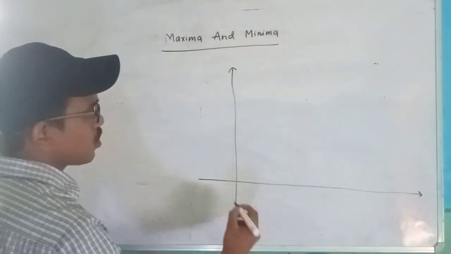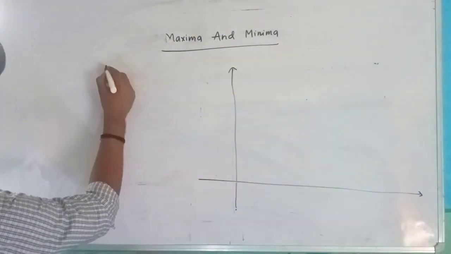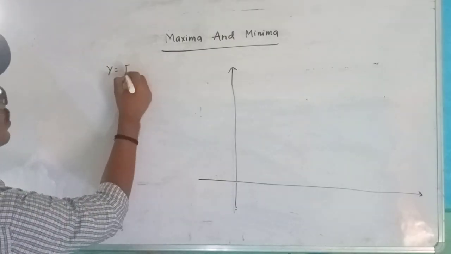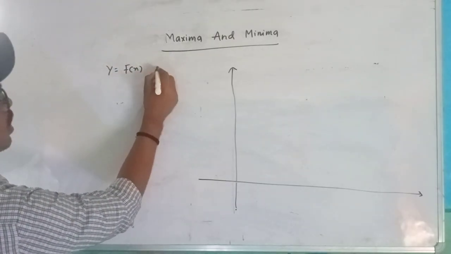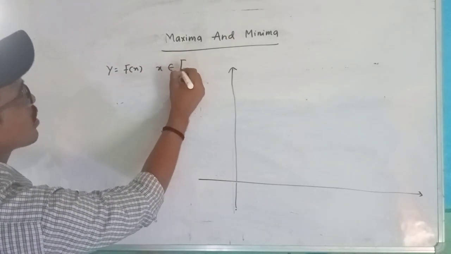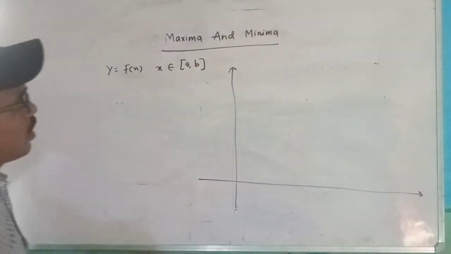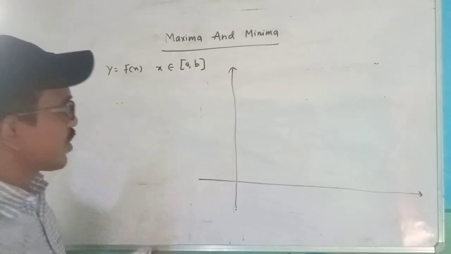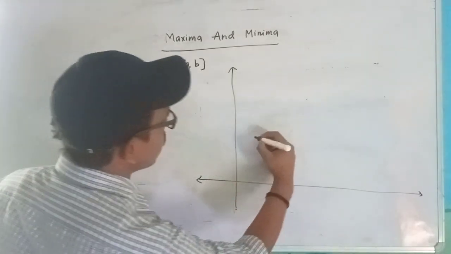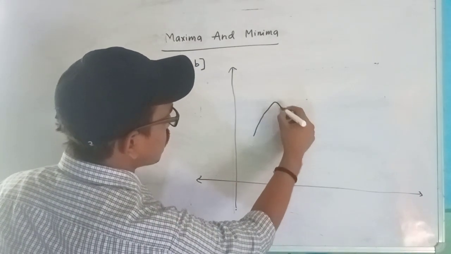Let's define a function y is equal to f(x), where x belongs to the interval a to b. Now let's draw a rough graph of this function. Let's say it goes something like this.